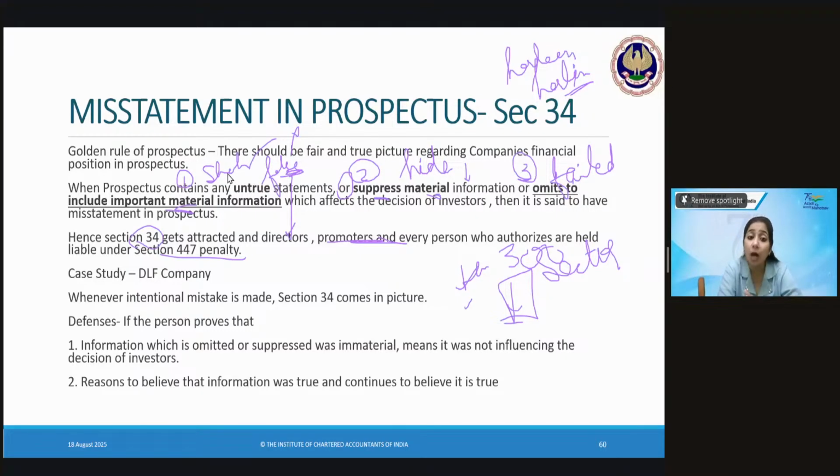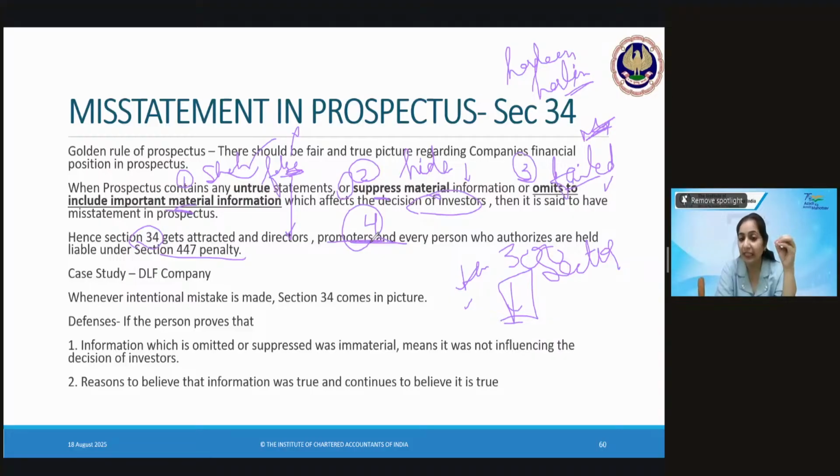But if you're saying Shah Rukh Khan is included as a director, you're lying. You're not giving important information. Here Mr. Ambani has invested in your company, and you're not telling the shareholders that he has invested. You're not giving material information. Something important is missing. All these things affect the decision of investors. चौथा point. ऐसी material information जिससे मेरे फैसले को impact आए.